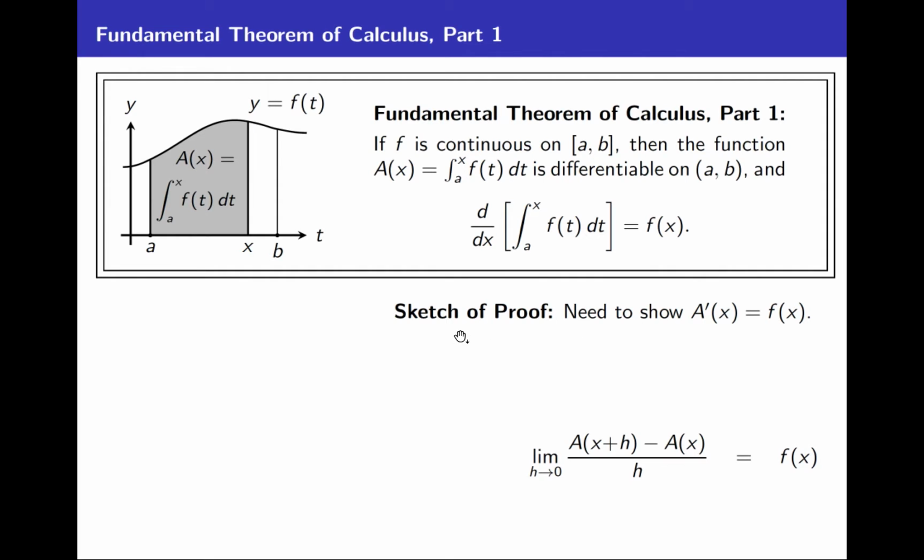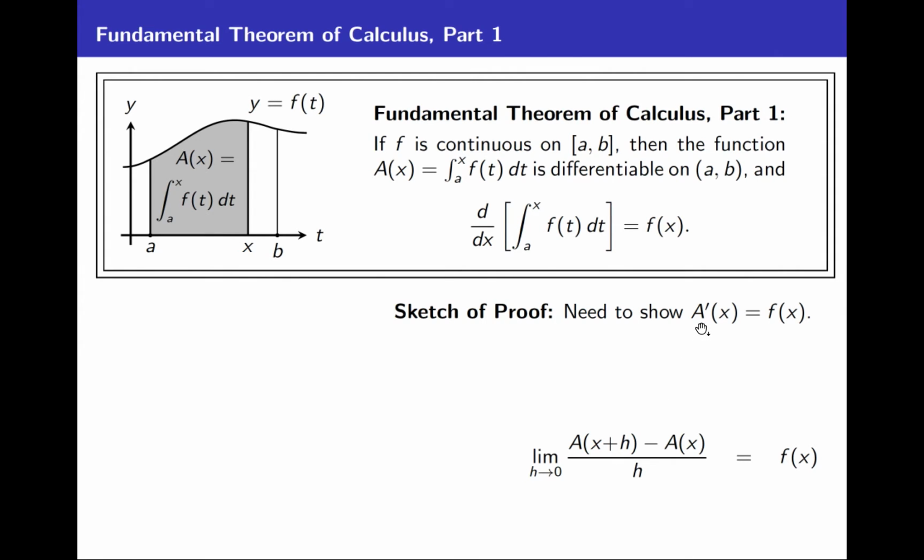So in the proof, what we need to do is, up here, if A of x is the integral from a to x of f of t dt, we need to show that its derivative is f of x. We need to show that A prime of x equals f of x. Now, down here, I'm just reminding you of what that means.